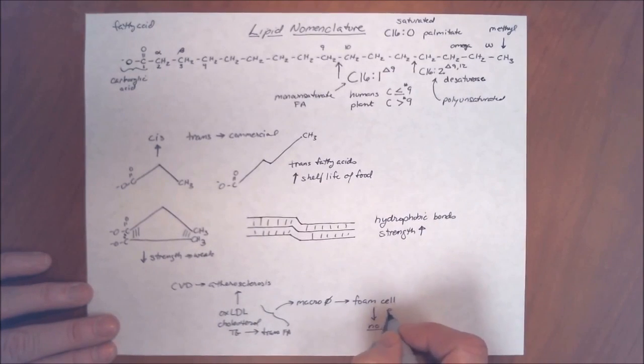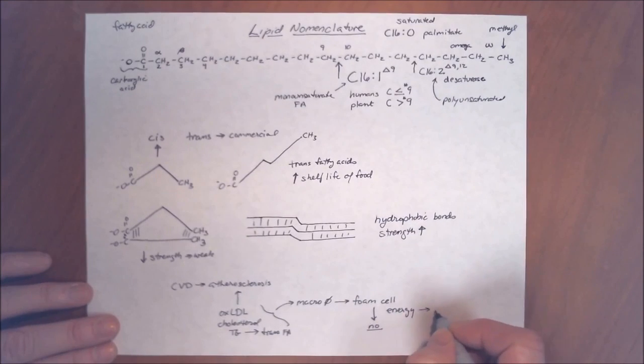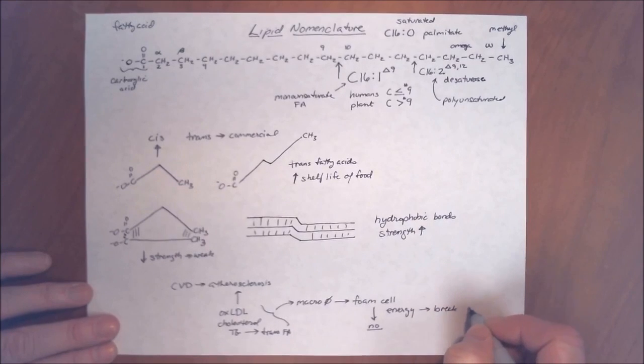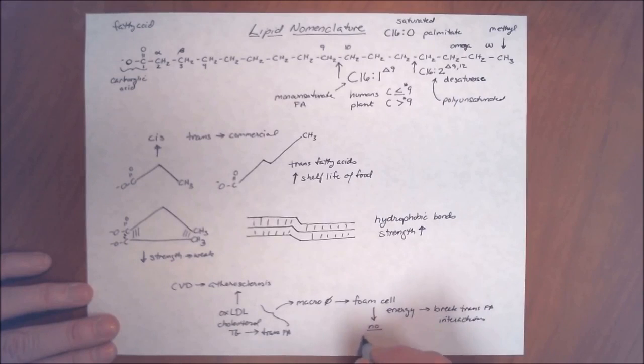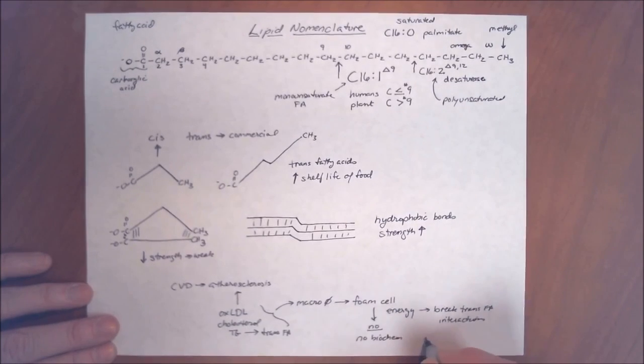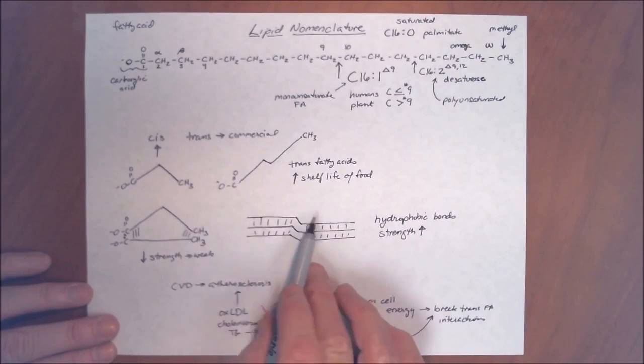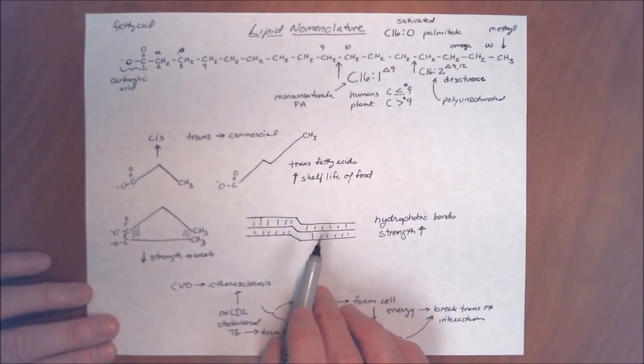Because of the energy that is required to break the trans fatty acid interactions, we have no biochemical mechanism to break these bonds, because it's going to require a large amount of energy to pull these structures apart.